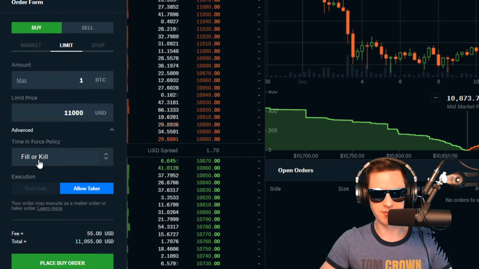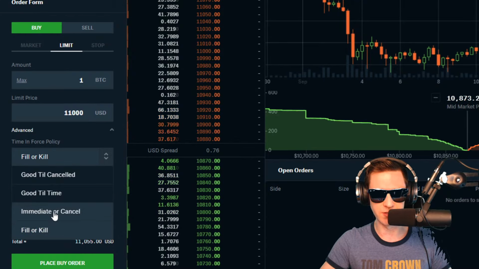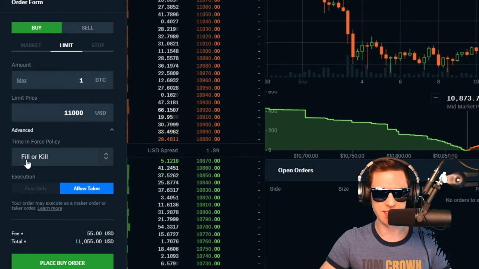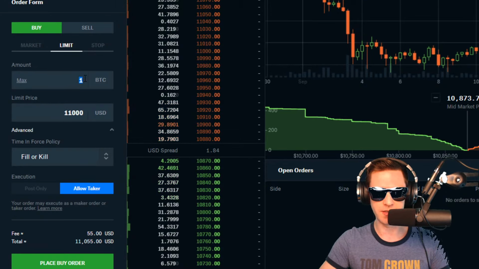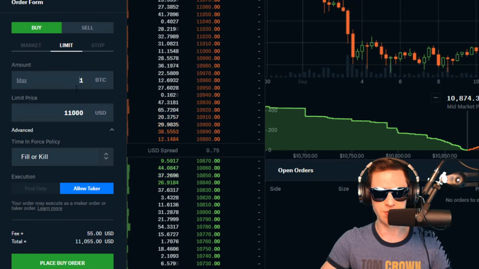Fill or kill. I think this is really similar to immediate or cancel, but I believe the difference is this: you set this order at 11,000 for 1 Bitcoin. When price goes to 11,000, in the scenario where it would only partially fill, I believe fill or kill will prevent it from filling.